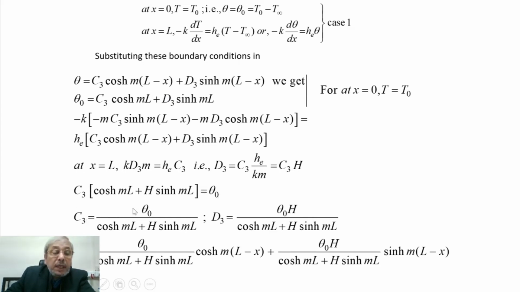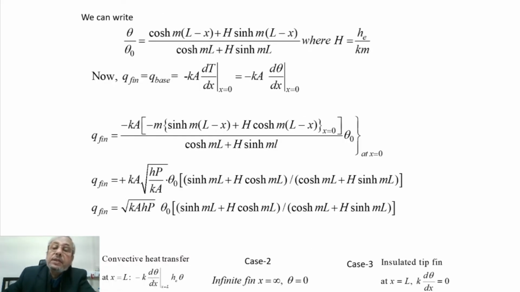From where we get a clear expression for C3, theta naught divided by cosh mL plus H sinh mL, and D3 is nothing but C3 into H. So theta equal to C3 cosh m(L minus x) plus D3 sinh m(L minus x). That is the complete solution.